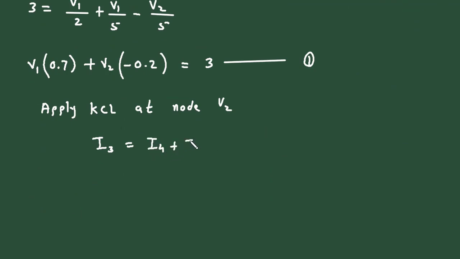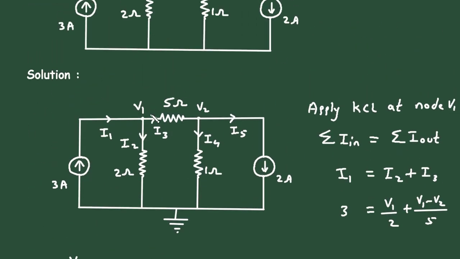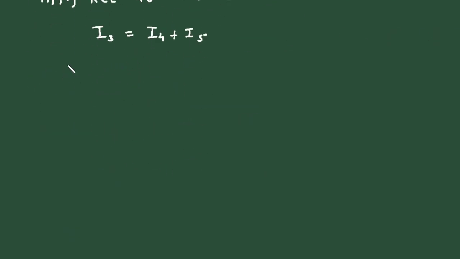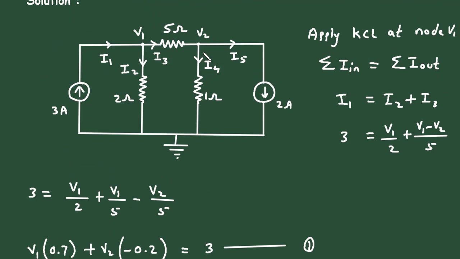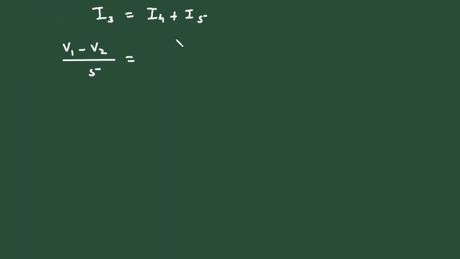Now here we can see I3 is V1 minus V2 divided by 5, which is equal to I4. Now this I4 is V2 minus 0 divided by 1.